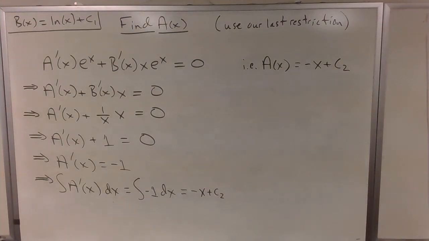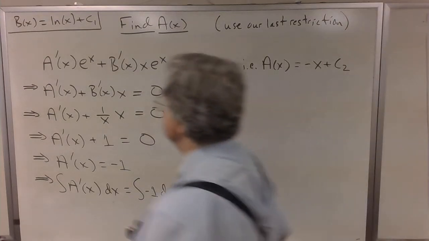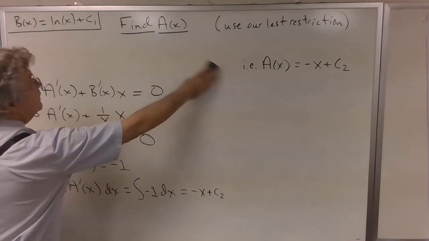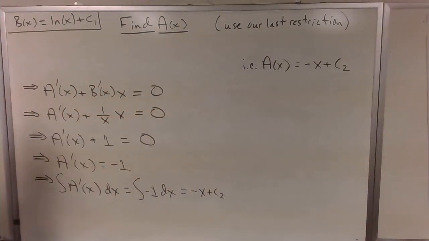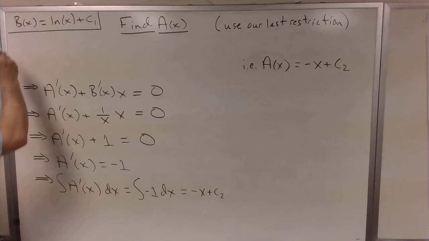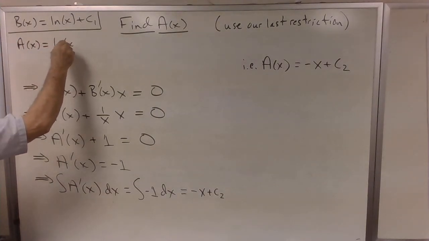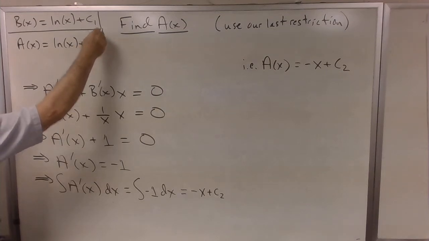That's it. As scary as this thing looked when we started out, things have turned out remarkably well for us. A of x is negative x plus c2, and b of x is natural log of x plus c2.